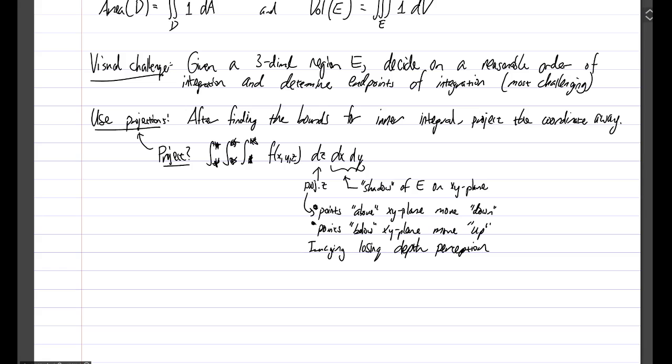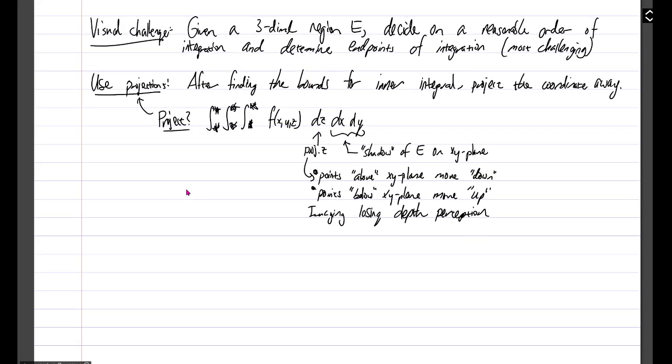We will look at some examples in a moment, but just to try to make sense of this, let's take a look at a second example here. This is a little abstract still as written, but let's say you had an integral from something to something, and we're trying to figure out what these somethings are. Integral something to something, and integral something to something of your function f of x, y, z. And let's say now the order is dy, dx, dz.